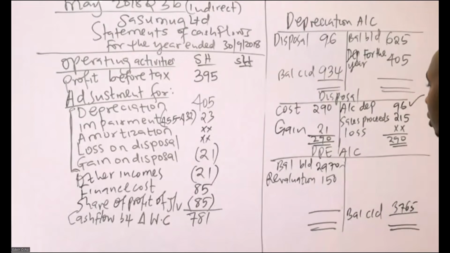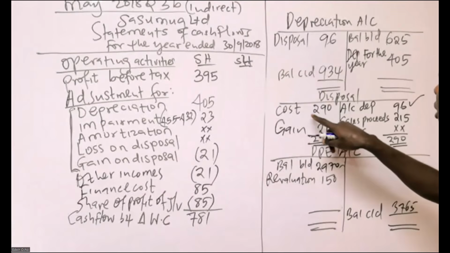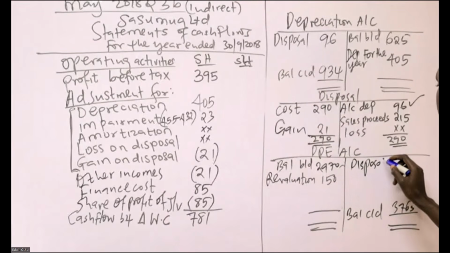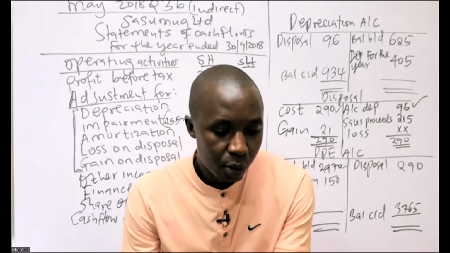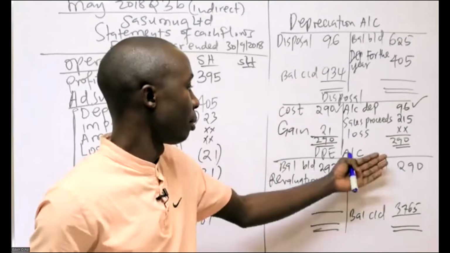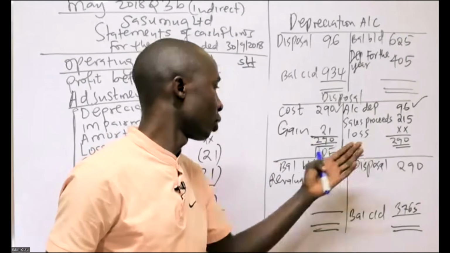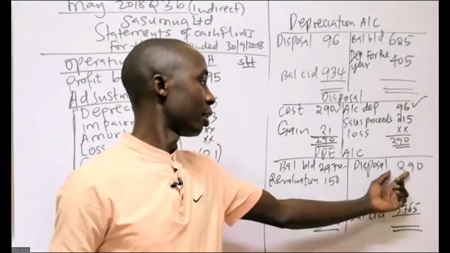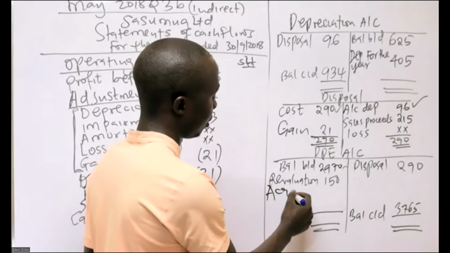Then looking at the account which we have here, like now the disposal account, there was this asset which was disposed. It was having a cost of 290. That one will reduce the value of the asset. The disposal here is 290. So the balancing figure for this account can either be disposal or acquisition, but now it cannot be disposal again because already there's an asset which we have deducted there, which was disposed, meaning that the balancing figure will be on the debit side, which is an acquisition.